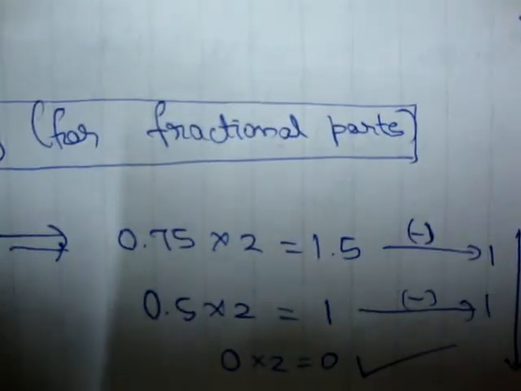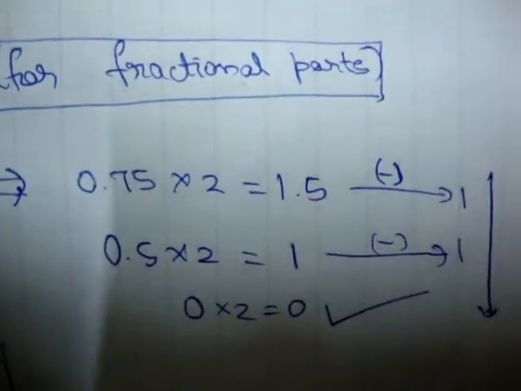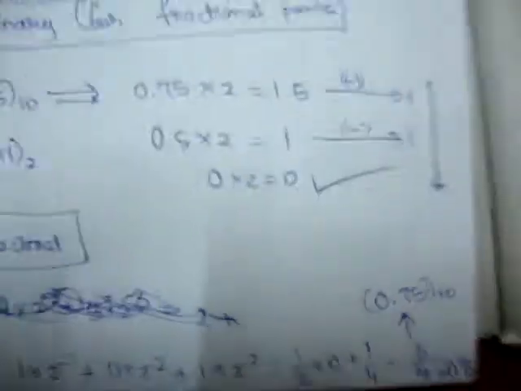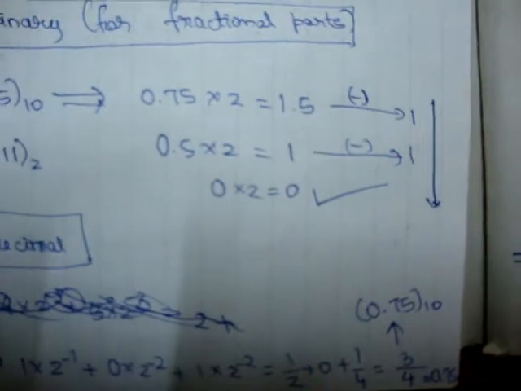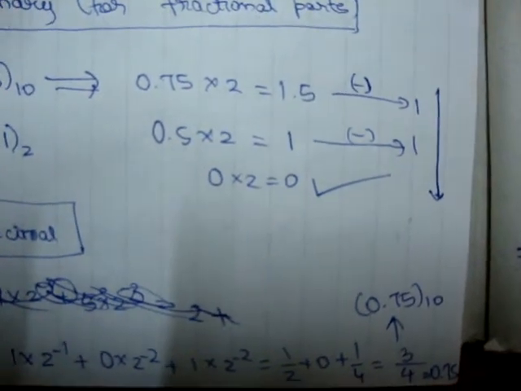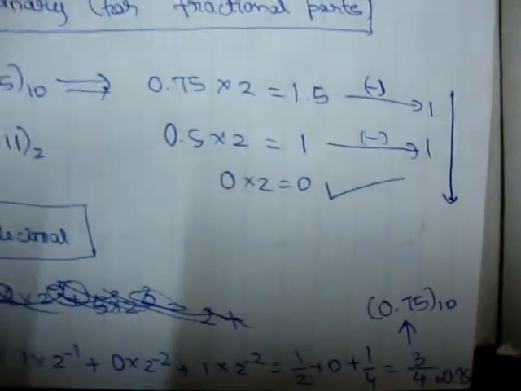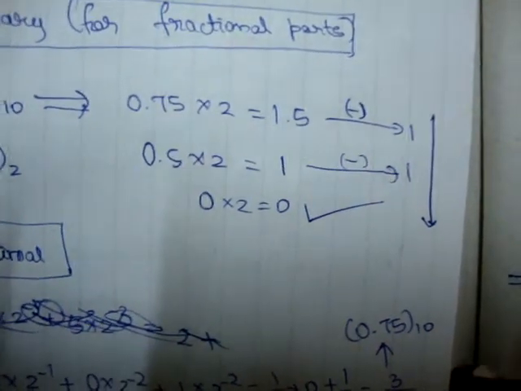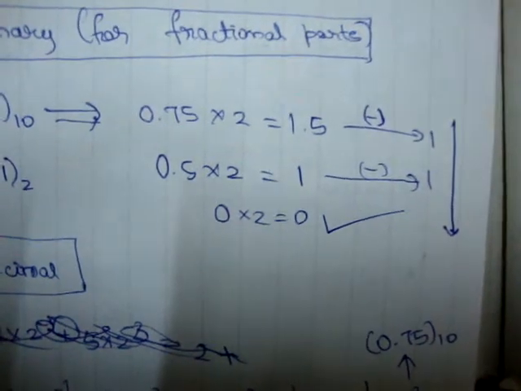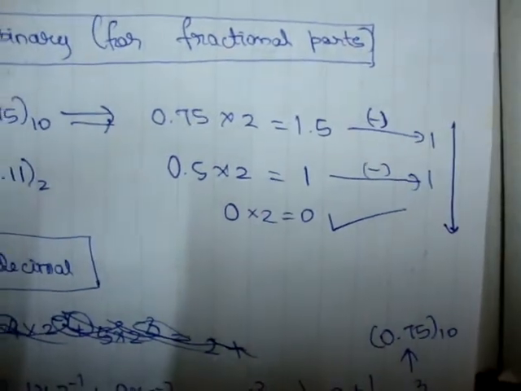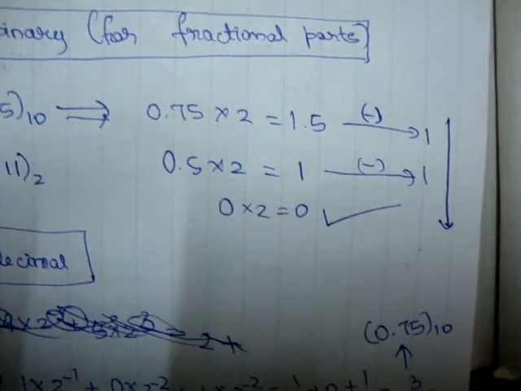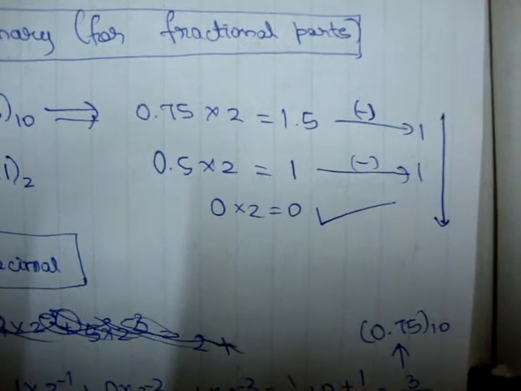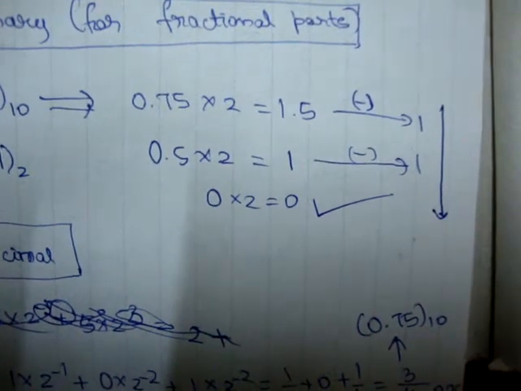For decimal to binary conversion, we multiply the fractional part by 2; for quaternary by 4, for octal by 8, for hexadecimal by 16. So we consider the fractional part and multiply it with the base radix.